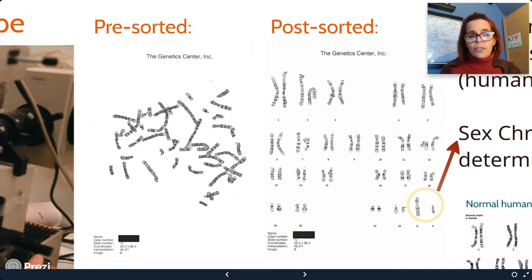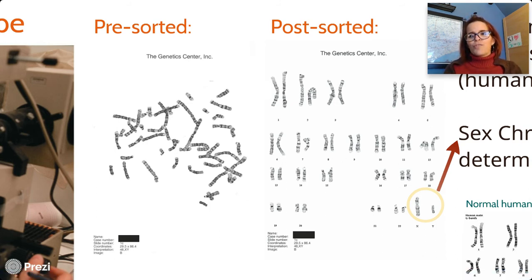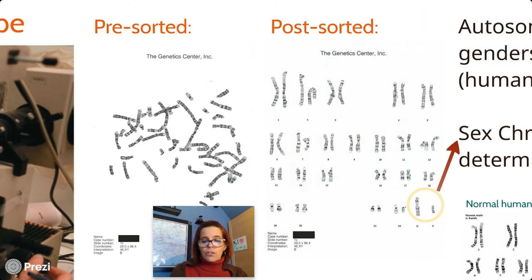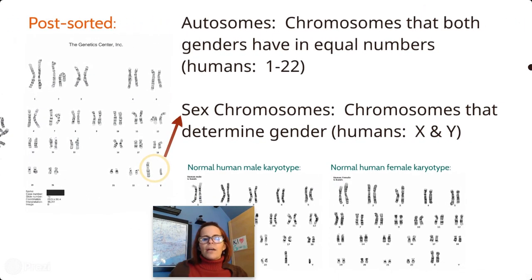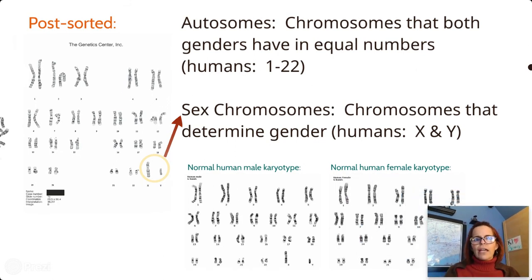What we are going to look at in the future is when we have the wrong number of chromosomes, or when one of the chromosomes is missing some information or has extra information. Couple vocabulary words to learn. Autosomes, like the word chromosome, are the chromosomes that males and females have equally.